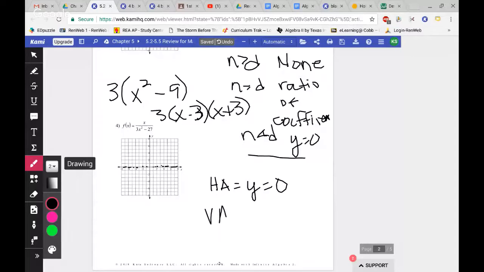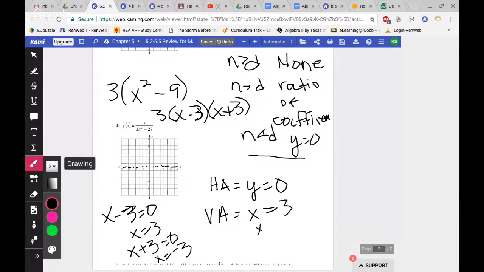So that gives you your two vertical asymptotes of x equals 3 and x equals -3. So you would draw those, and then you would draw your graph because it goes along your curves.